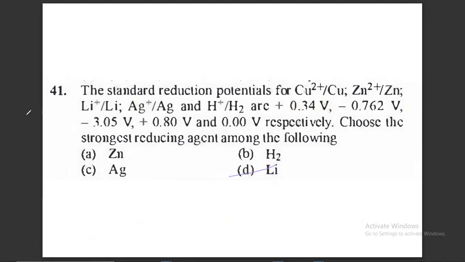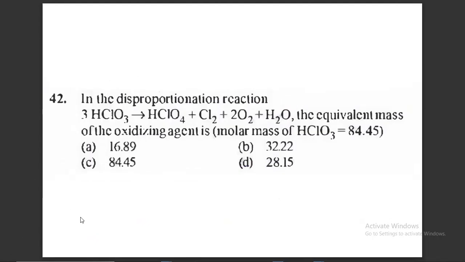Fine. Let us read question number 42. In the disproportionation reaction given to you, the equivalent mass of the oxidizing agent is. This is the reaction given to you here. You are asked to find the equivalent mass of the oxidizing agent. So let us write the reaction.